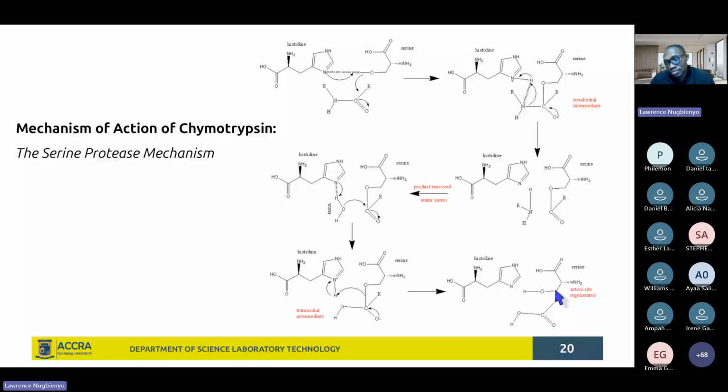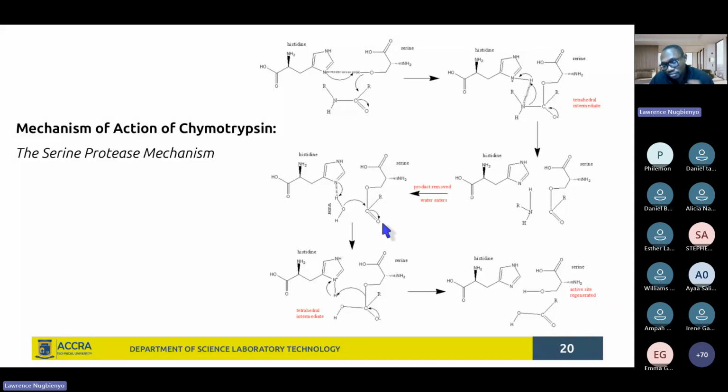So you now have the enzyme active center coming back to its original active site, regenerated. It's gone back to its original form, which means it can go back, take another peptide bond, and the reaction continues. So it continues to break more peptide bonds on and on and on.